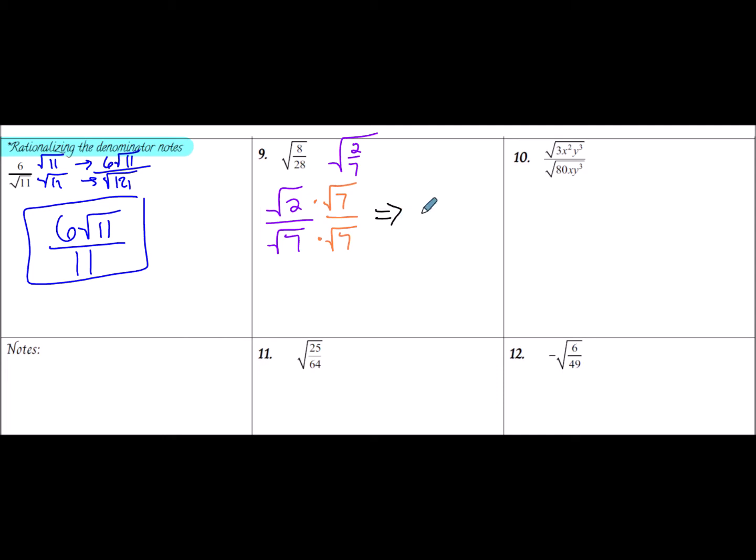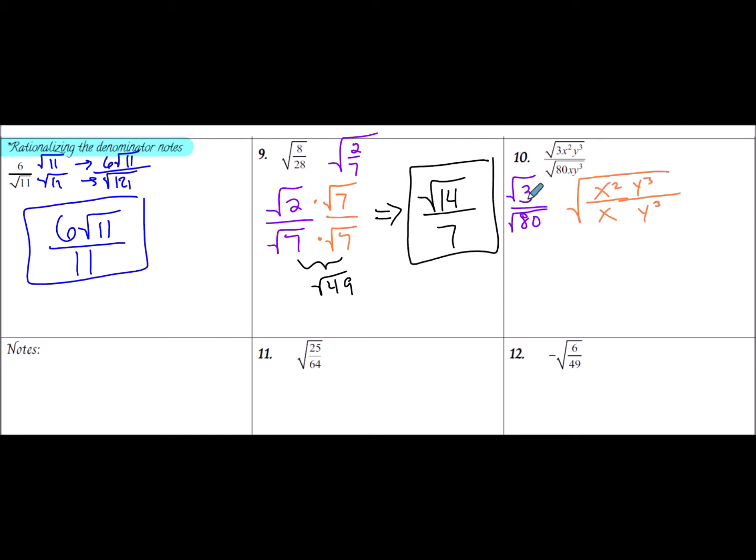So this is going to turn into rad 49, but the square root of 49 is still going to be a 7. So that's how I get rid of that. Remember, this becomes rad 49, but it's just a 7. Rad 2 times rad 7 is rad 14. Do you have a perfect square inside of 14? No, because that number is composed of just factors 2 and 7 or 1 and 14. This is my answer.